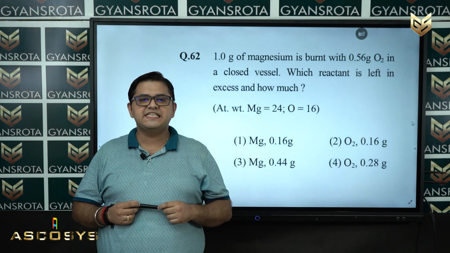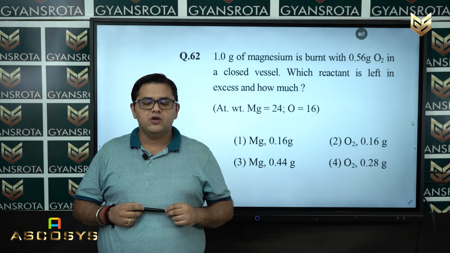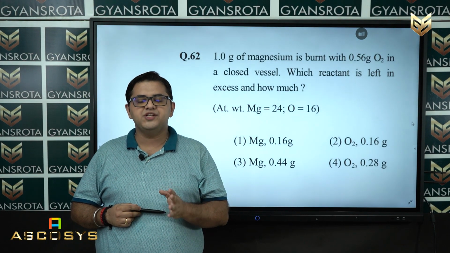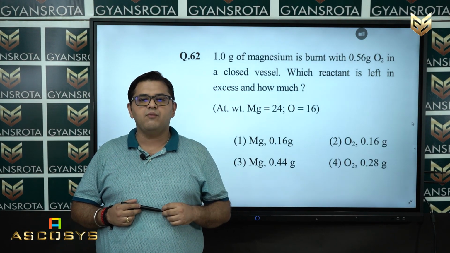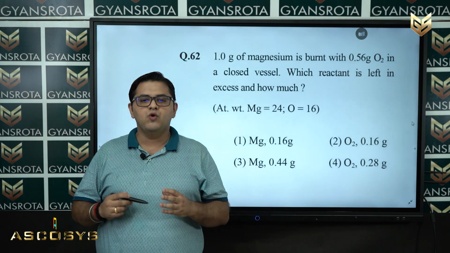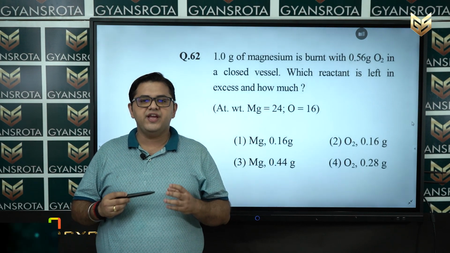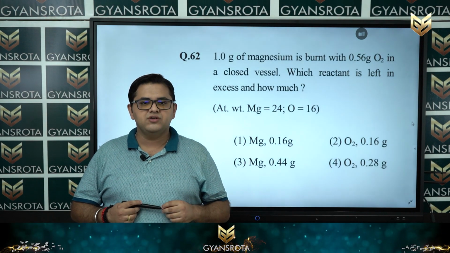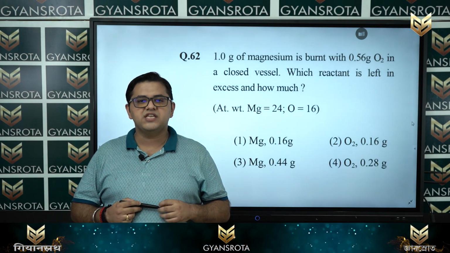So, question number 62 is on your screen. 1.0 gram of magnesium is burnt with 0.56 gram of oxygen in a closed vessel. Which reactant is left in excess and how much? So, now we are moving to the solution part.